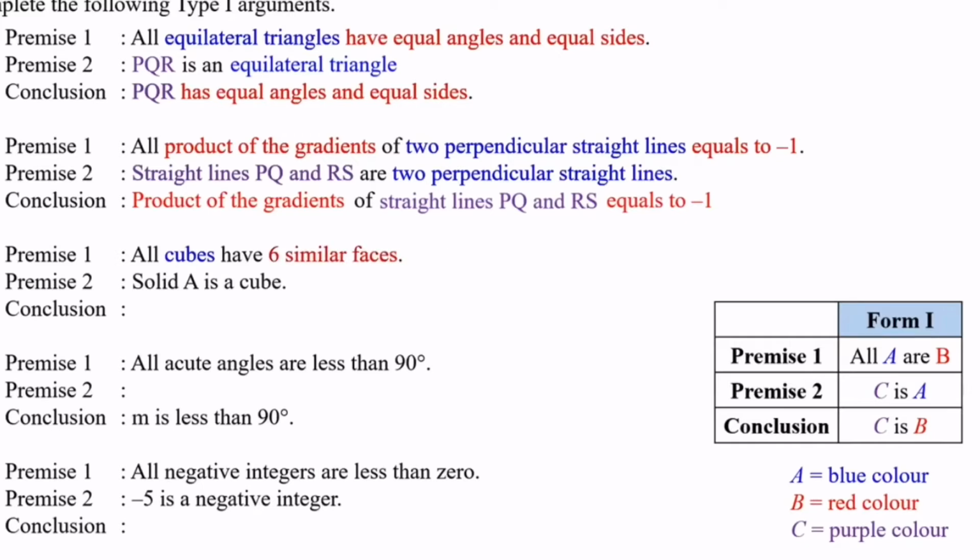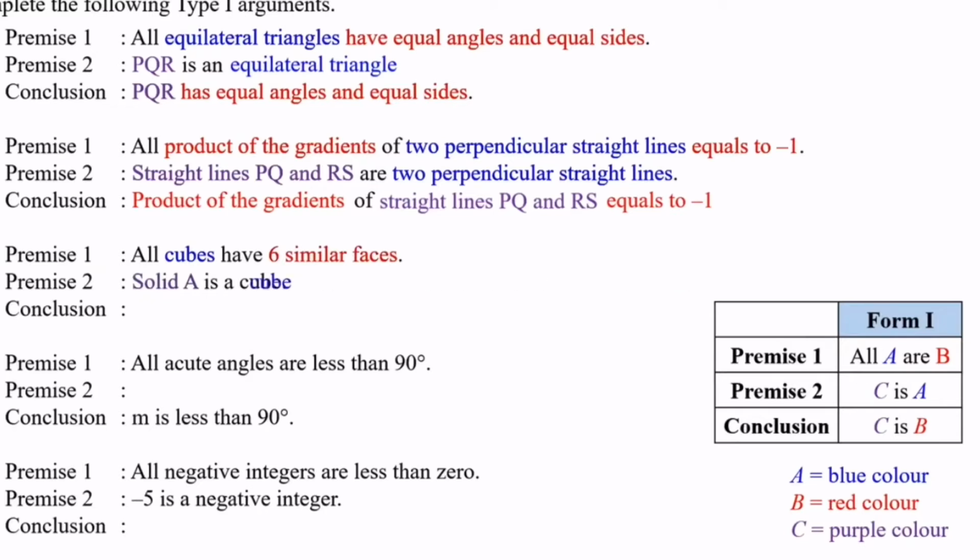For the A, we use a blue color. All cubes have 6 similar faces, that means all A are B. And solid A is the C, we use a purple color. Solid A is a cube, so C is A.